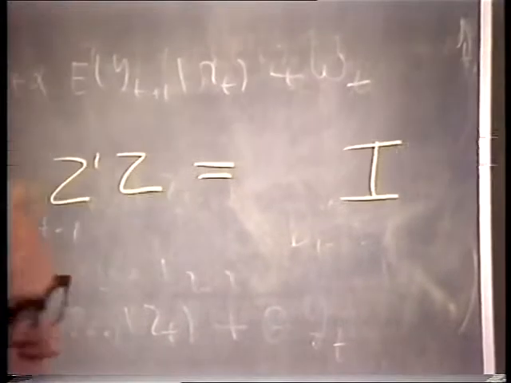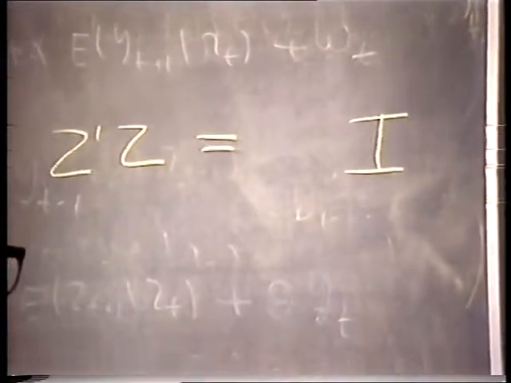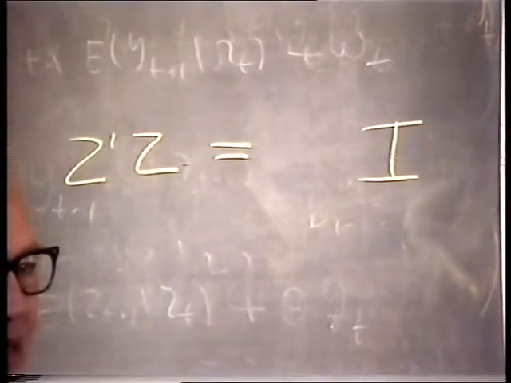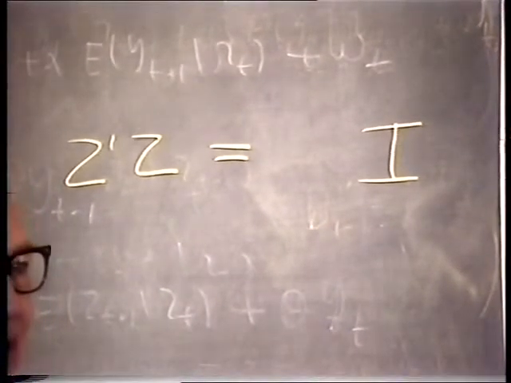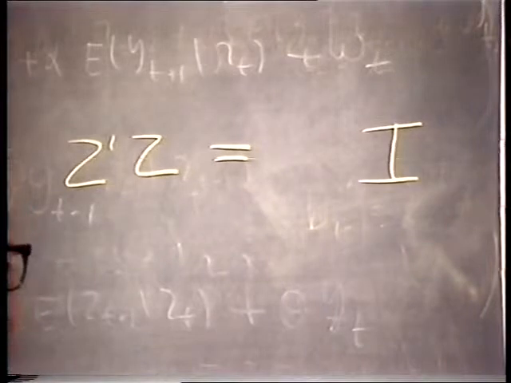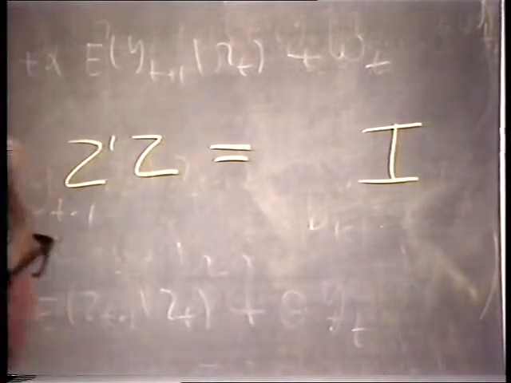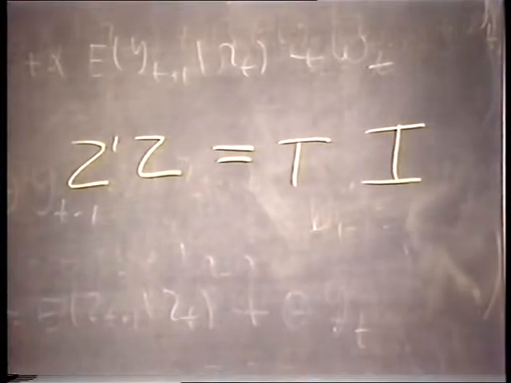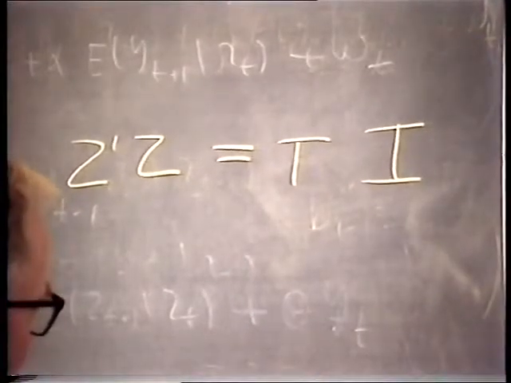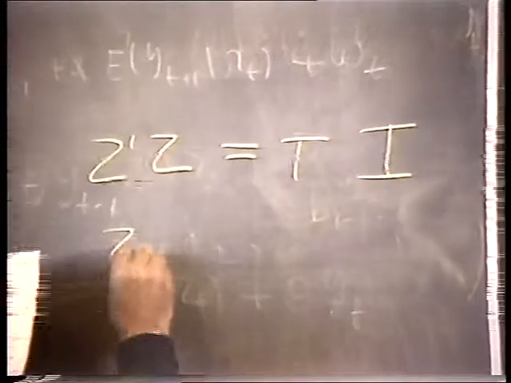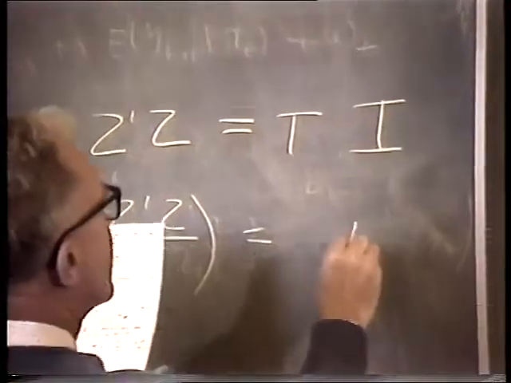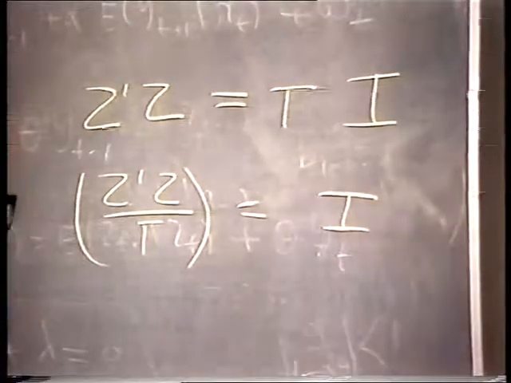But that has some disadvantages when you consider the asymptotic properties of the estimators and the way that one can derive the asymptotic properties of the estimators as T goes to infinity. And so I myself prefer to make the assumption that Z prime Z divided by T equals I, or alternatively the variance matrix, or the second moment matrix of the Z prime Z is the unit matrix.